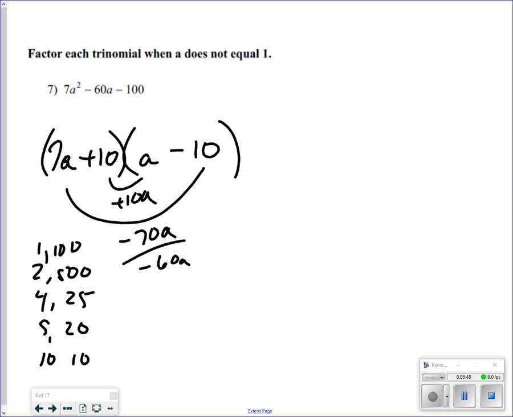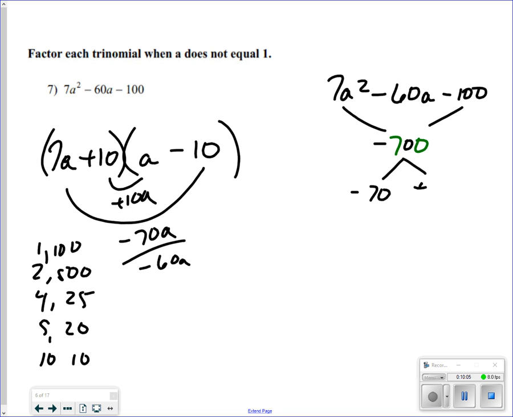Same question again. The bigger the numbers are, so I got negative 700, and I'm trying to come up with two numbers that'll be negative 700 that also end up getting you negative 60. And so negative 70 times a positive 10 would be the two numbers I'm looking for.